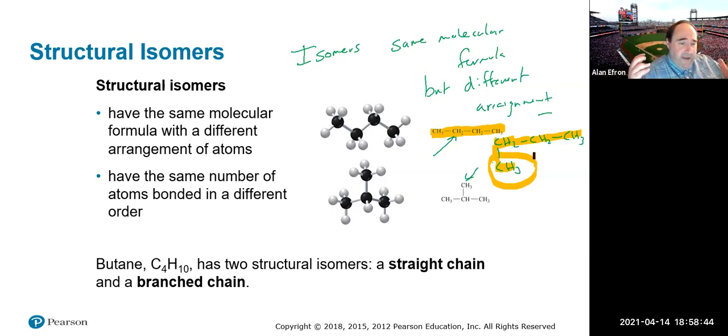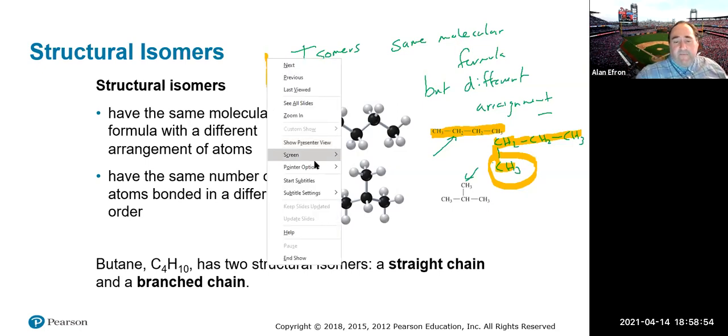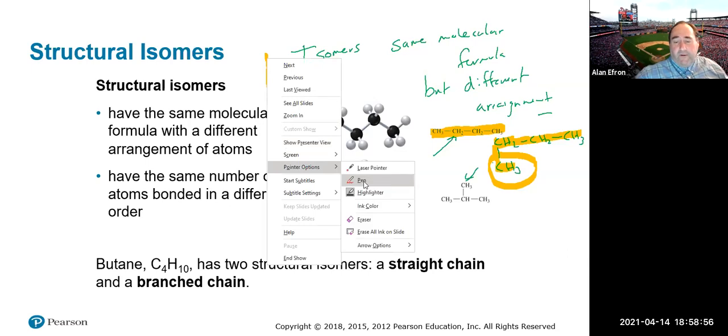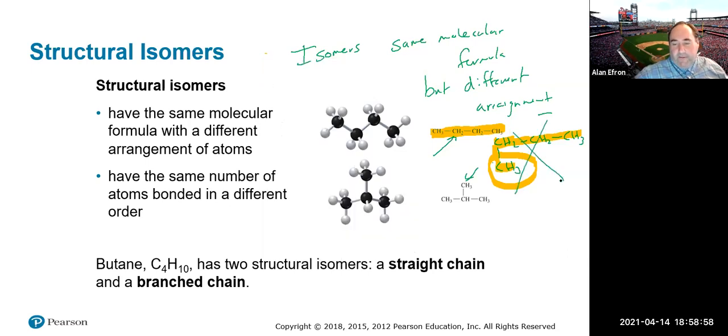If you named these pictures and you end up with 2 guys that have the same name, they're not isomers of each other. You probably just did something very much like what I did here. And that's a very common sort of error that people make. They just kind of, I'll just draw like this side up and this side down. It looks different, so it must be an isomer. Any questions on that?